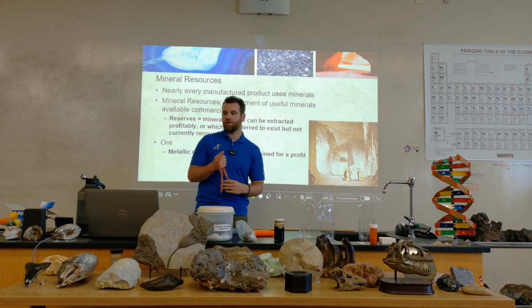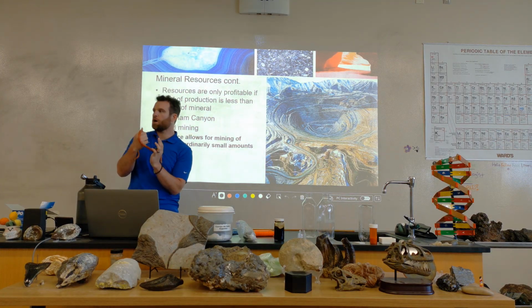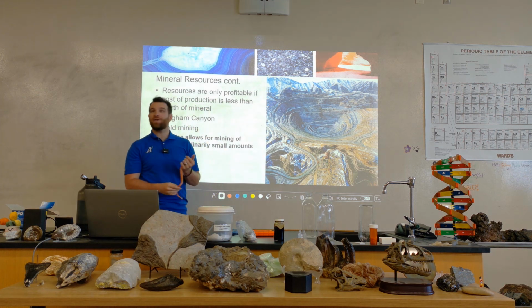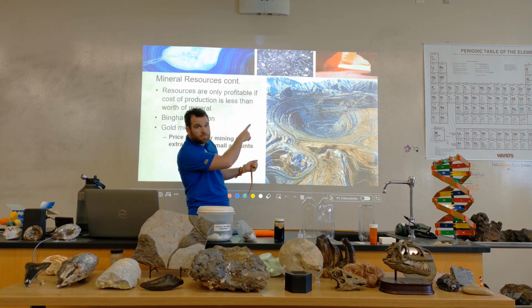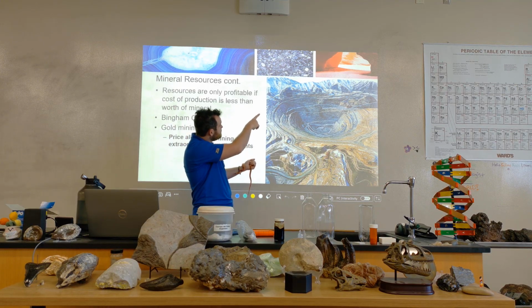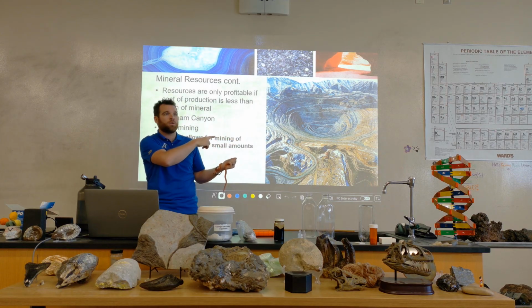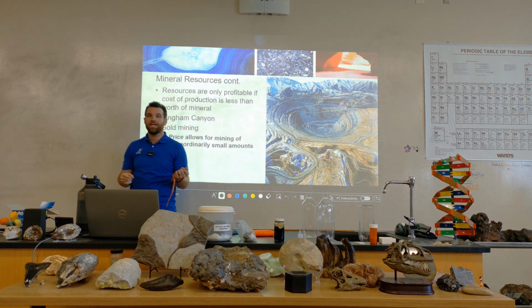Okay? For example, this is the Bingham Canyon copper mine. Okay? That's what this picture is. This is called an open pit mine. And for a sense of scale, those are mountains behind it. You could fit one of those mountains in this hole. That's how long this thing has been dug, how deep it's been dug, how wide it is. It is massive.